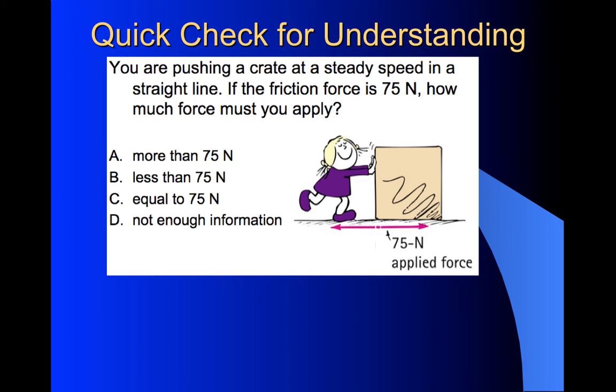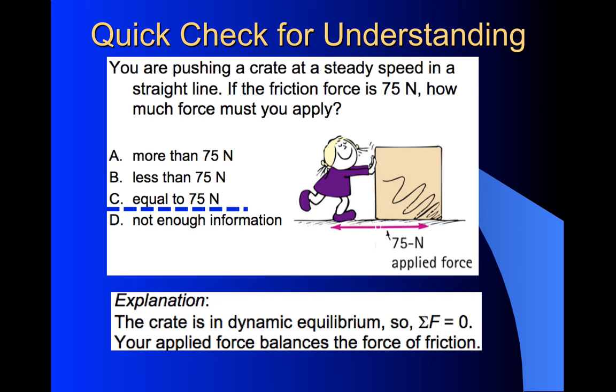If you are pushing a crate at a steady speed in a straight line, and the friction force is 75 newtons, how much force must you apply in order to move the object? Must be equal to 75 newtons.